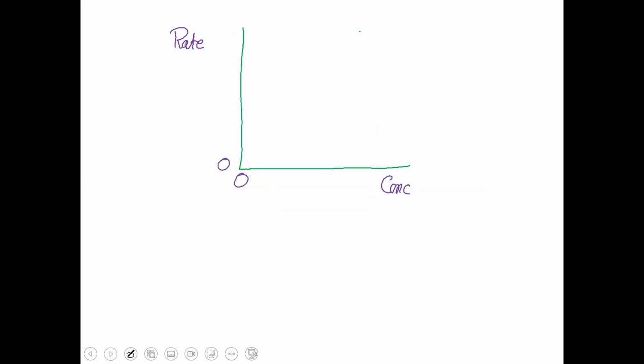Then you plot a graph of rate against concentration. Then copy this. Yes.